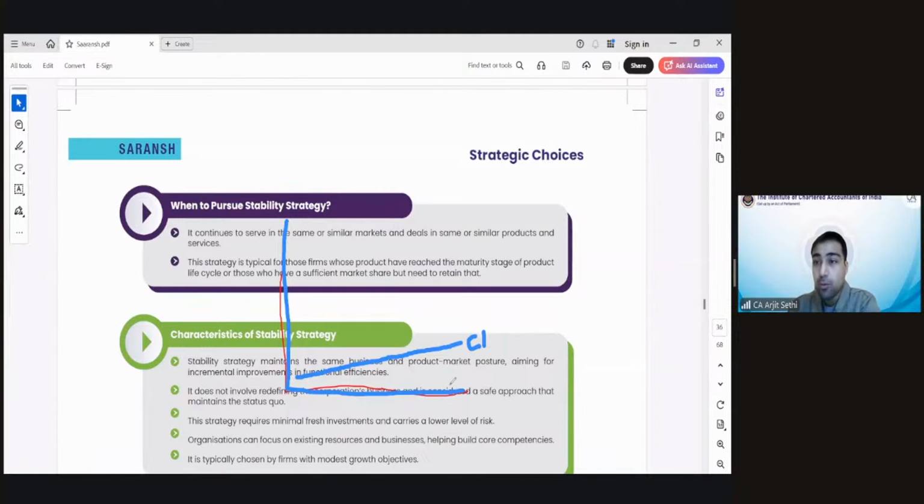Is company number 1 on a growth strategy or stability strategy? Sarang says this is stability strategy.